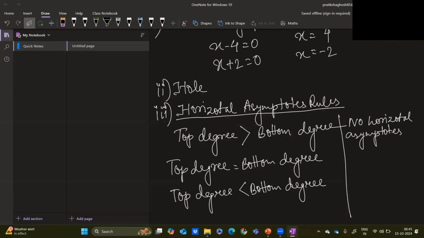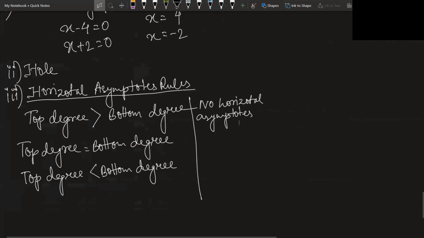I'm talking about every other question as well. Suppose you are getting a question where this is the situation and you get no horizontal asymptote, then you will check for the slant ones. I'm writing the rules for all the classes.